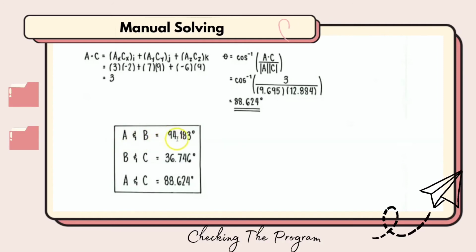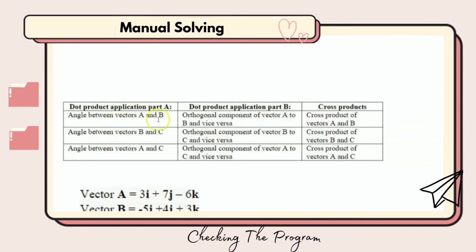The angle between vector A and vector B is 94.183 degrees, the angle between vector B and vector C is 36.746 degrees, and the angle between vector A and C is 88.624 degrees.